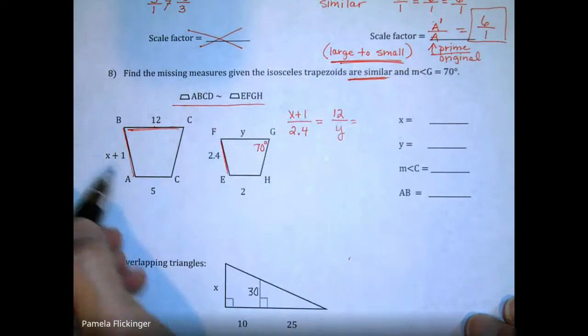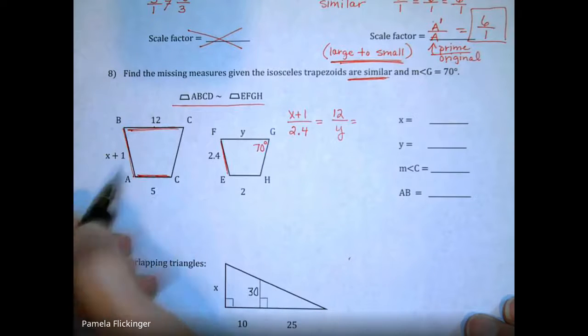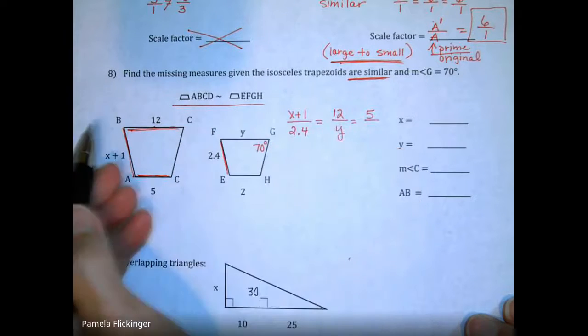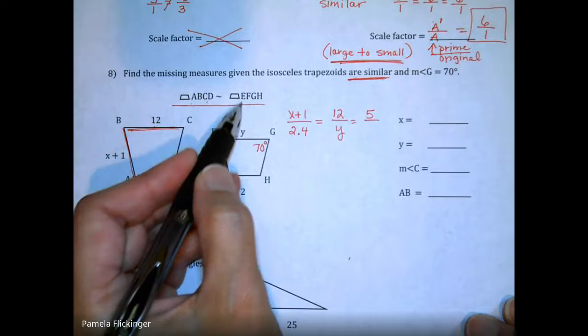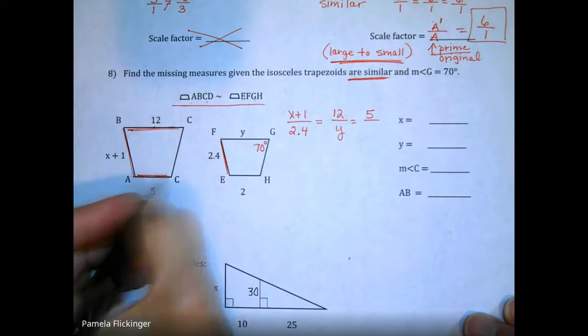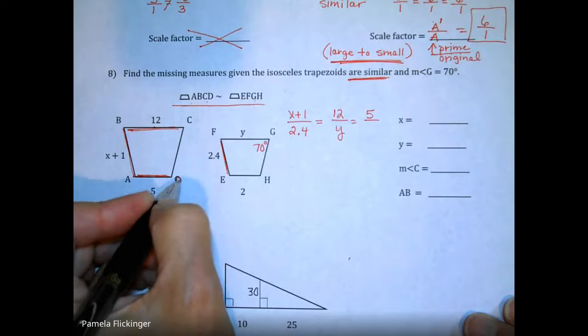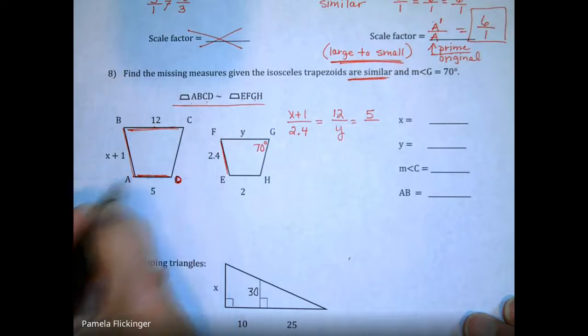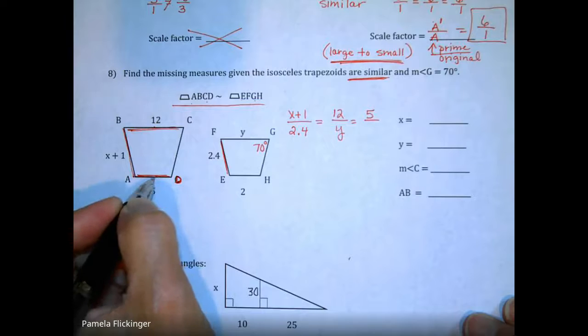And then the last side I see is AC, and AC goes with EG. That's a typo, folks. This should be a D. Let's correct that, can't have two C's. So AD goes with EH.